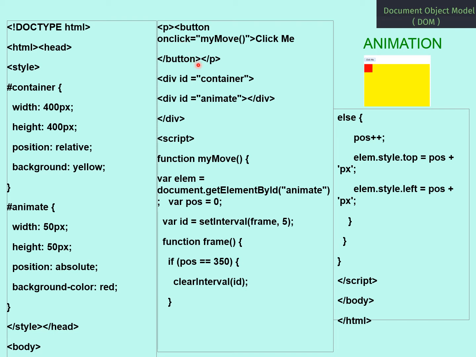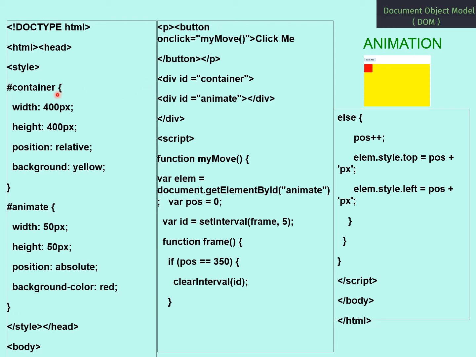So this is about the button. After the button, a div is created where the ID is specified as container. So a division, a particular section, will be created and its ID is mentioned as container. We already defined container in the style section. Container is an ID selector.